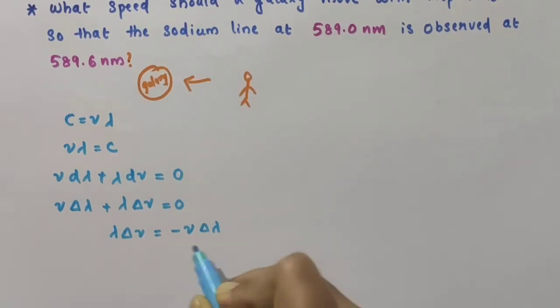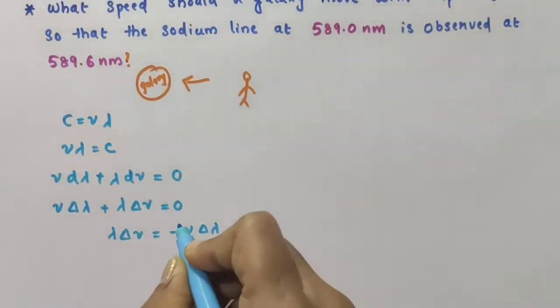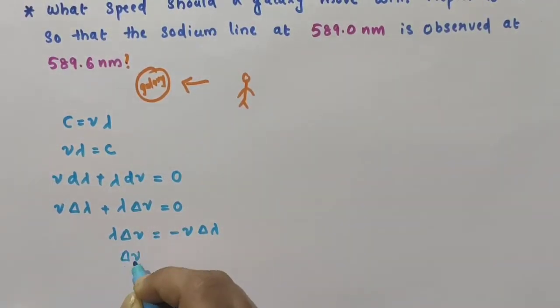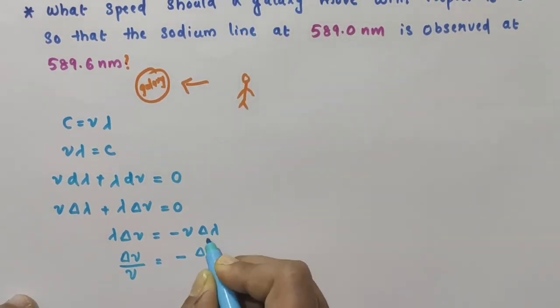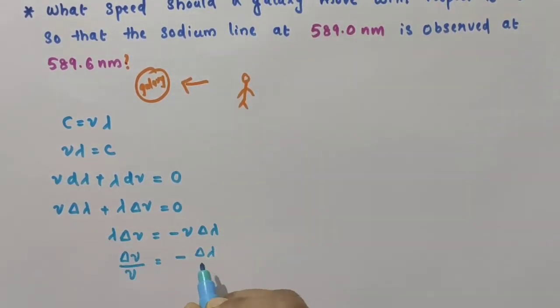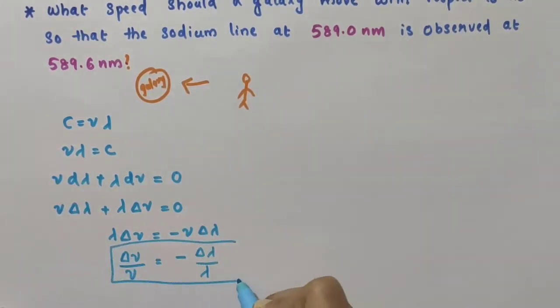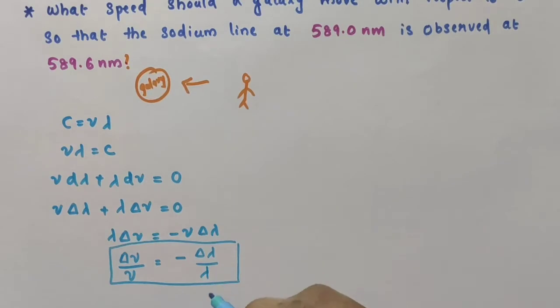Now I am taking this nu to the denominator and lambda to the denominator as well. So this expression becomes delta nu by nu equal to minus delta lambda by lambda.